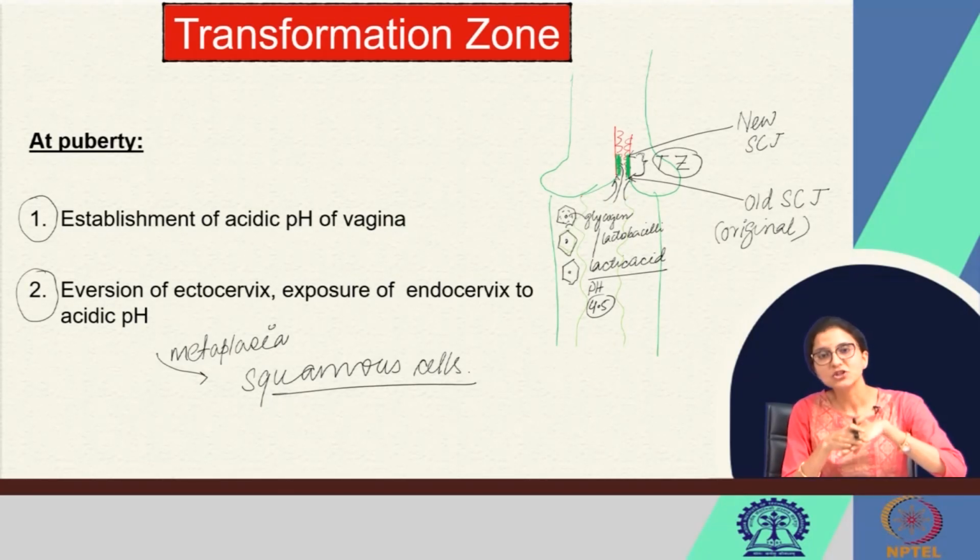What is the transformation zone? It is nothing but the squamous cells which have been produced by metaplasia from the original columnar cells.